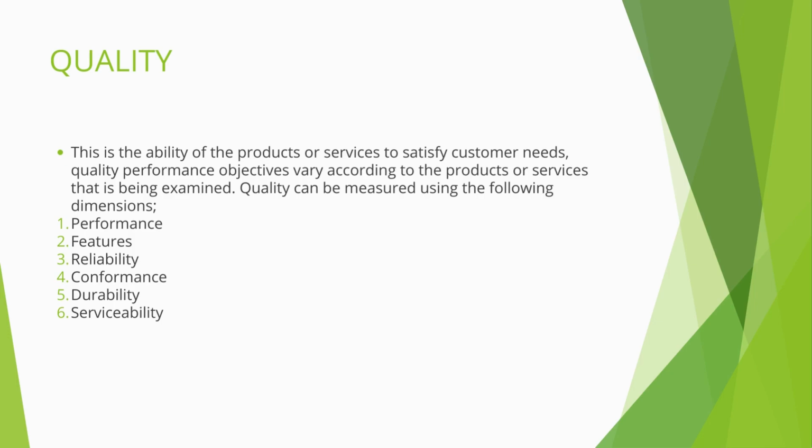And we also have reliability. So reliability is the ability of a product or service to continue to perform according to the specification provided. For instance, a printer is expected to consistently perform the duties it was made for. When it becomes unreliable and fails to print, it is no longer of good quality. We also have conformance.